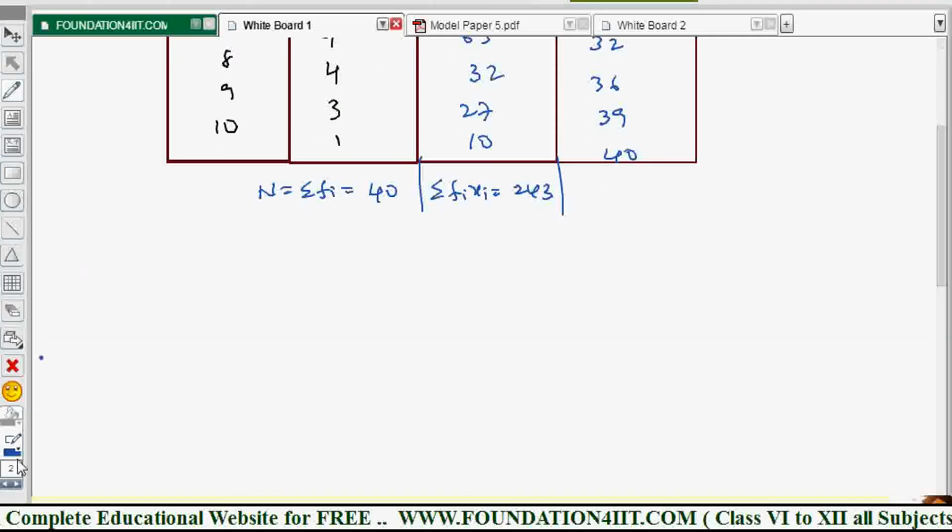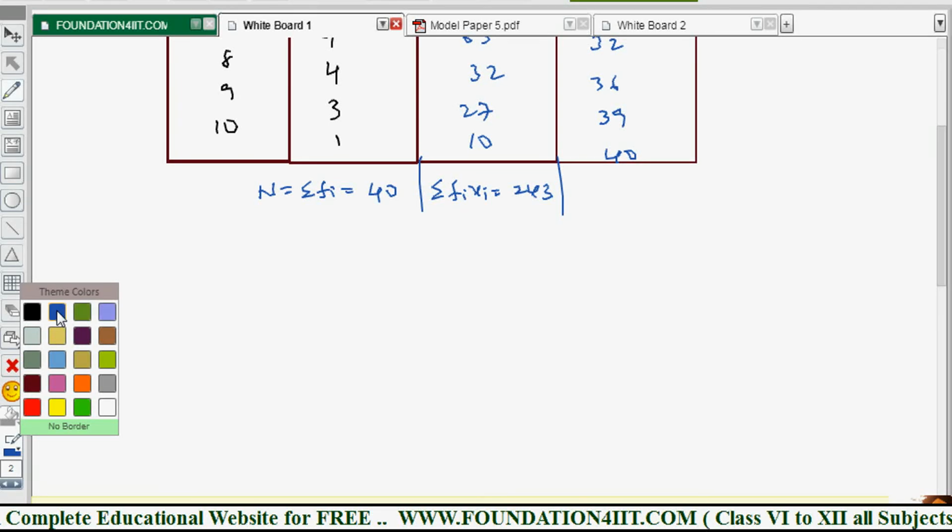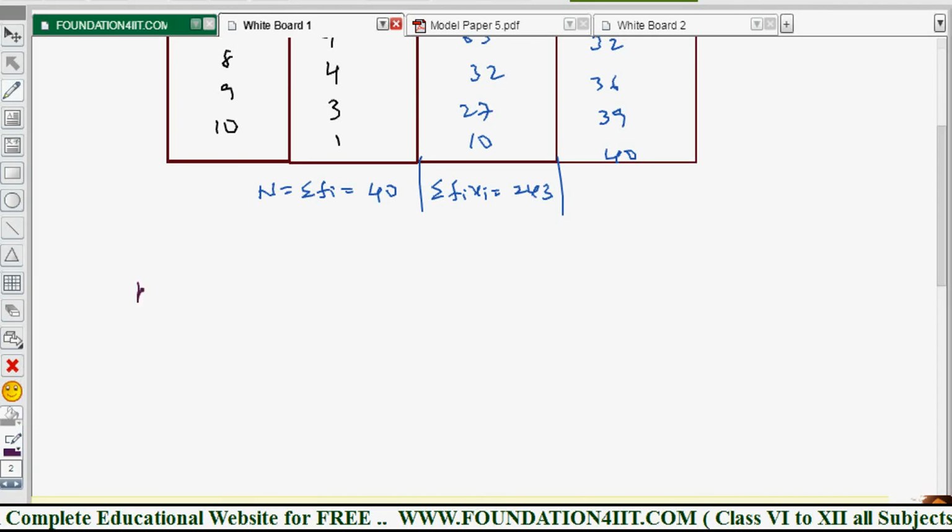If you see the mean formula, the first one is mean, that is equal to sigma fi xi by sigma fi. By the direct method, that is 243 by 40. This is approximately 6.08 by doing the division.